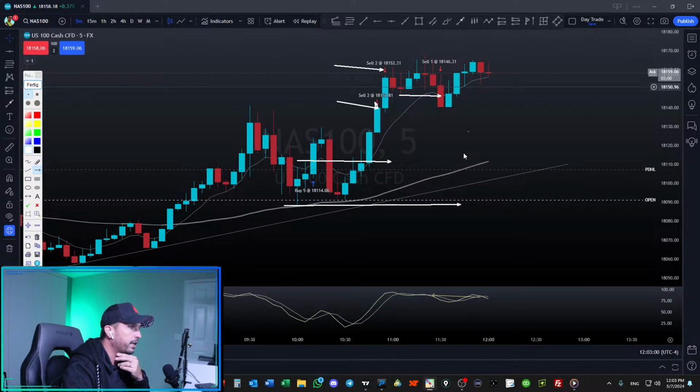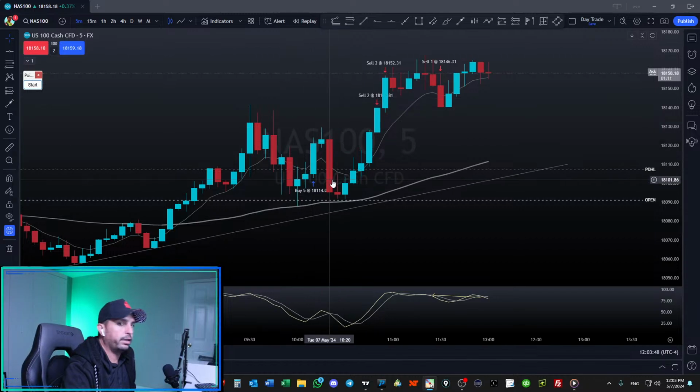We got out right here on this one. So we got 5 contracts. We did 2, and we left 1, and we got stopped out here. So that's the NASDAQ trade that we did today.